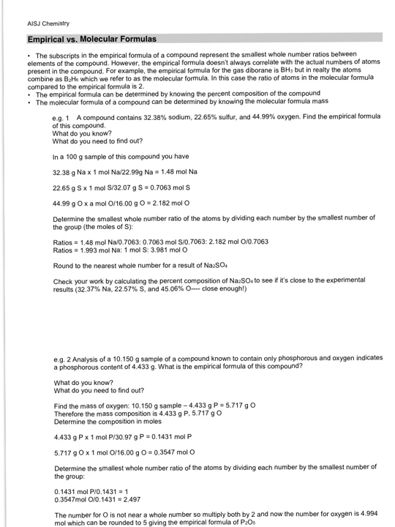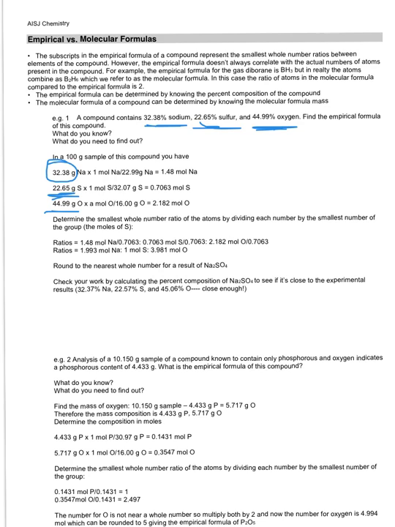In a 100-gram sample of this compound, you know that you would have 32.38 grams of sodium, right? Because of the percentage here. You know that there'd be 22.65 grams of sulfur because of this percentage. And you know that there are 44.99 grams of oxygen because of that percentage, right? In 100 grams.